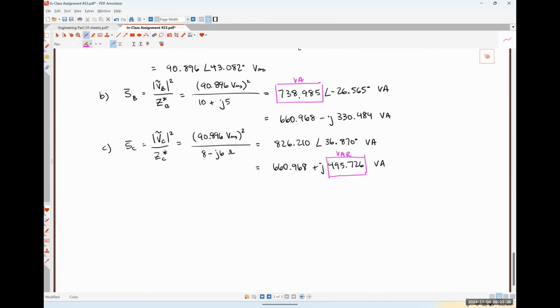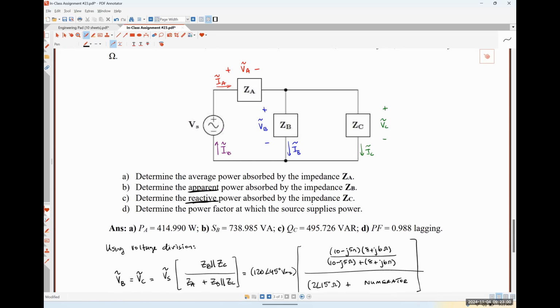So using Ohm's law, IA is just going to be VS minus VB over ZA. Let me scroll up just so that you guys can make sure that that is correct. It is, by the way.